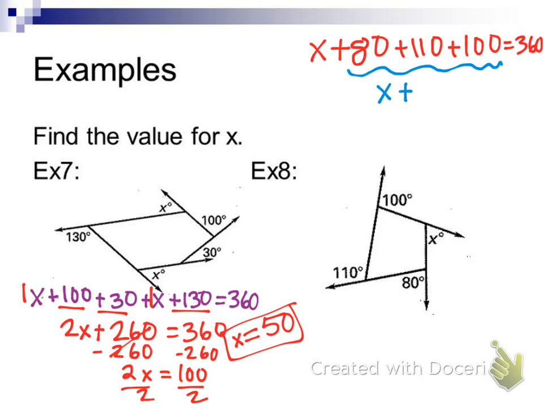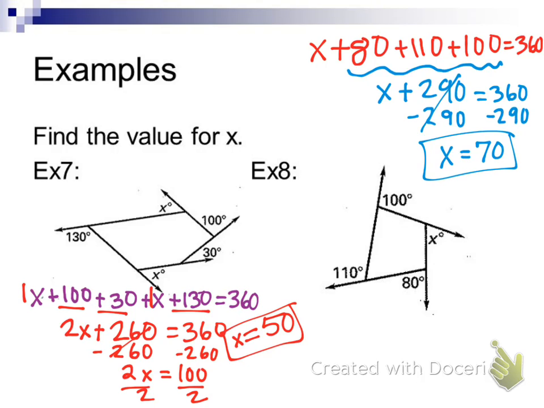So what's 80 plus 110 plus 100? 290, and then you can subtract 290 from both sides. So what's x equal? 70. Very good. What are your questions on exterior angles?